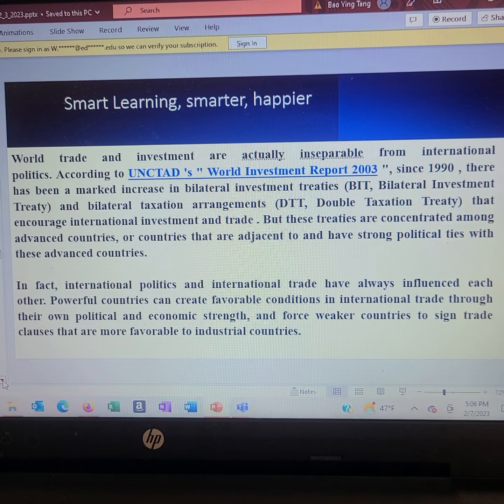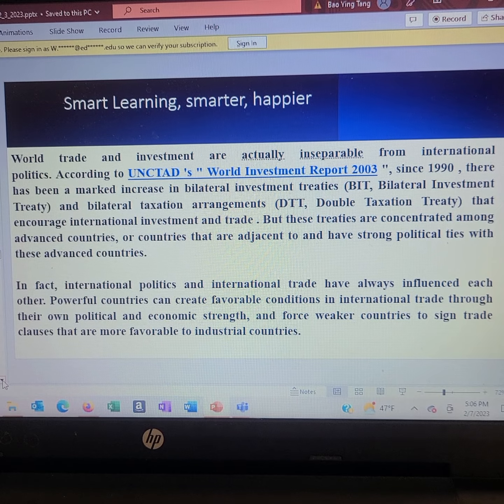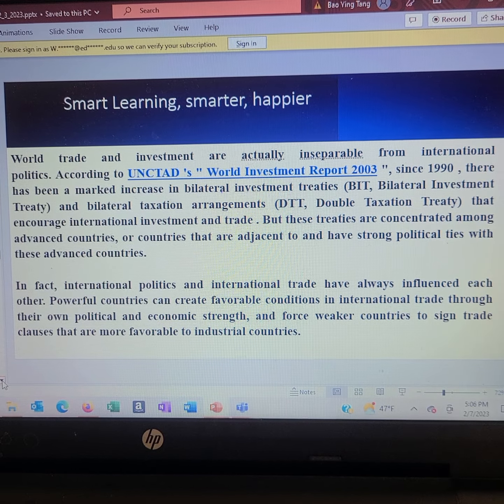But these treaties are concentrated among advanced countries, or countries that are adjacent to and have strong political ties with these advanced countries.